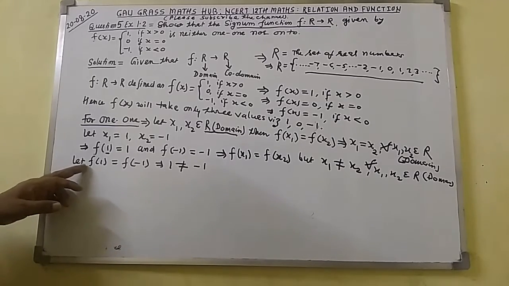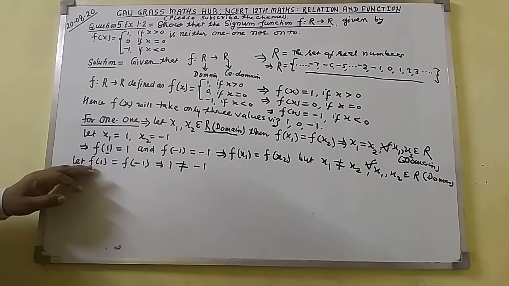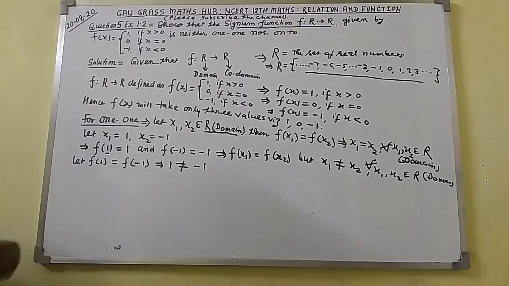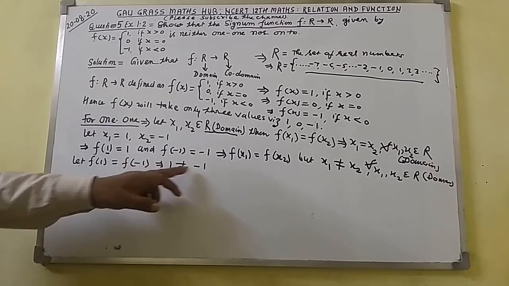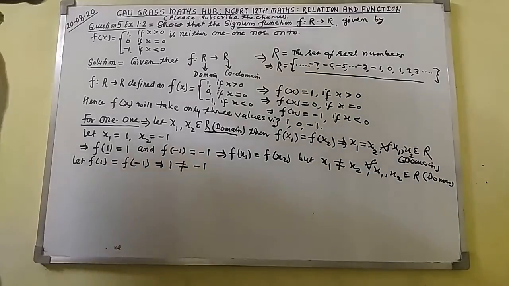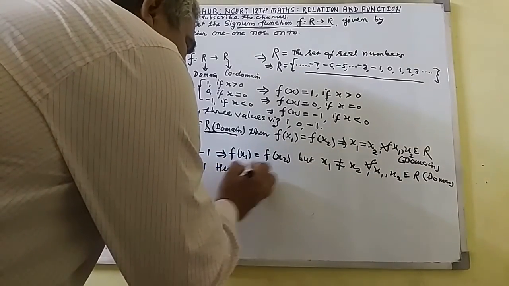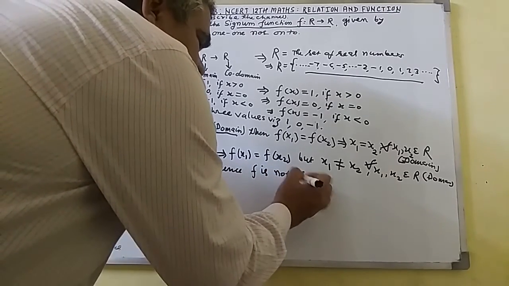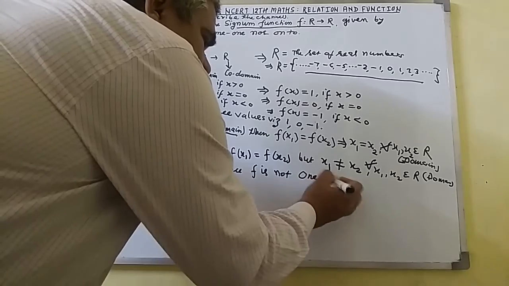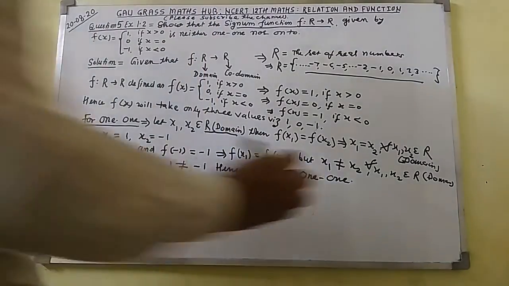Let the image of 1 equal the image of -1. Let both be equal. Then 1 is not equal to -1. Hence you can write, hence f is not 1-1. F is not a 1-1 function.